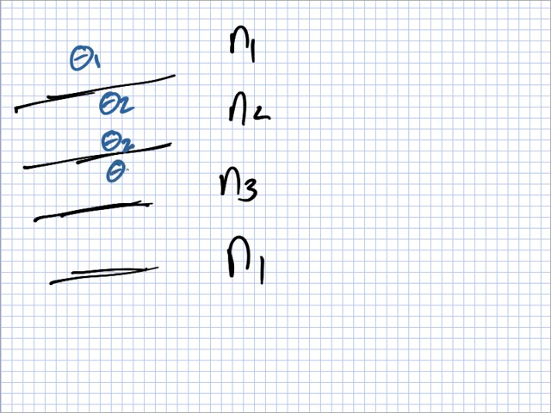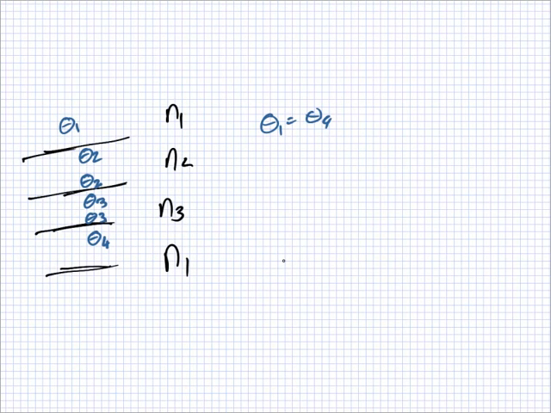And here this will be theta 3. This one's theta 3. And this one's theta 4. And the question is, will theta 1 equal theta 4 if we have 1, 2, 3, 1? That's what we want to see. And then if it's true, we'll call it the IFY theorem.